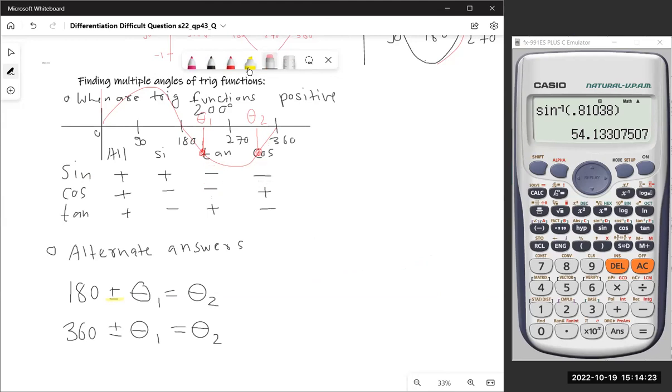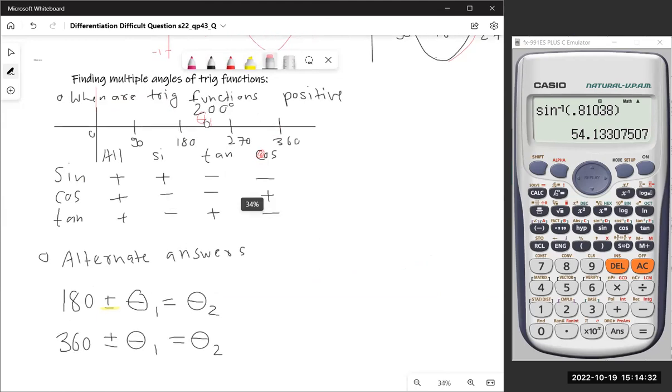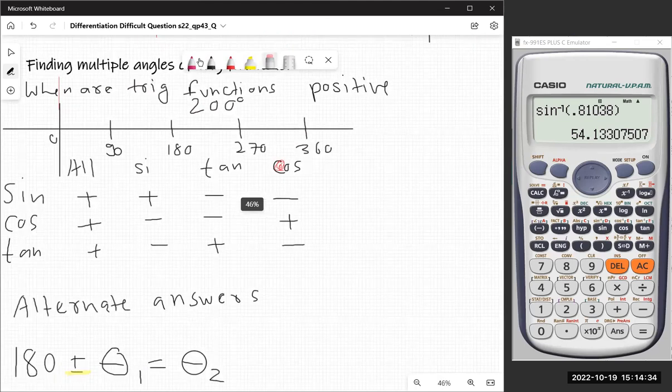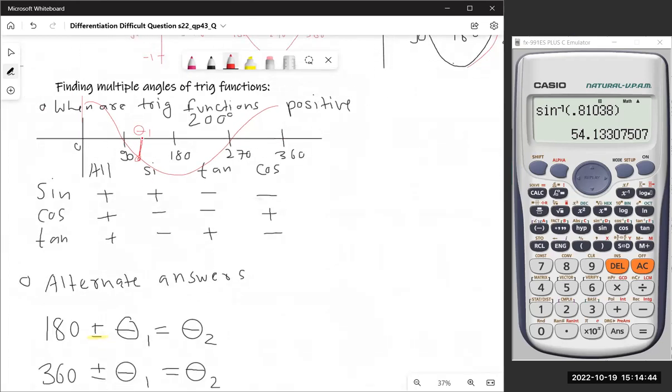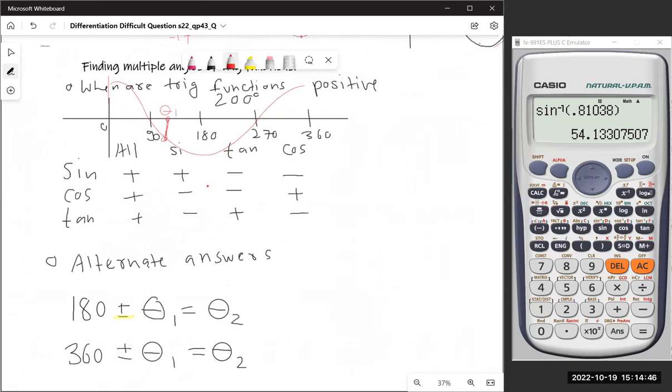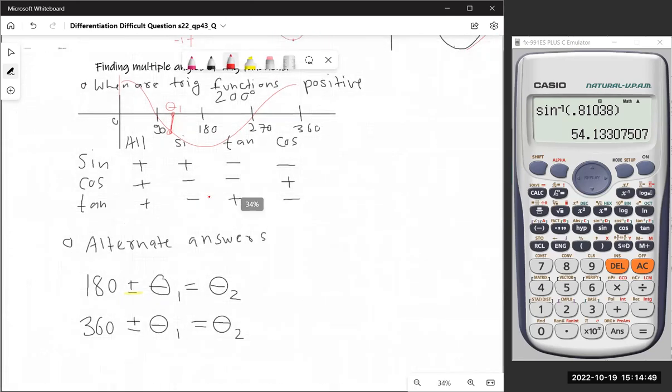Now, if I give you one more, let's look at cos values. If I make the graph of cos, which looks like this, one of my answers is here. How do I find the other answer? Plus 270 minus theta.